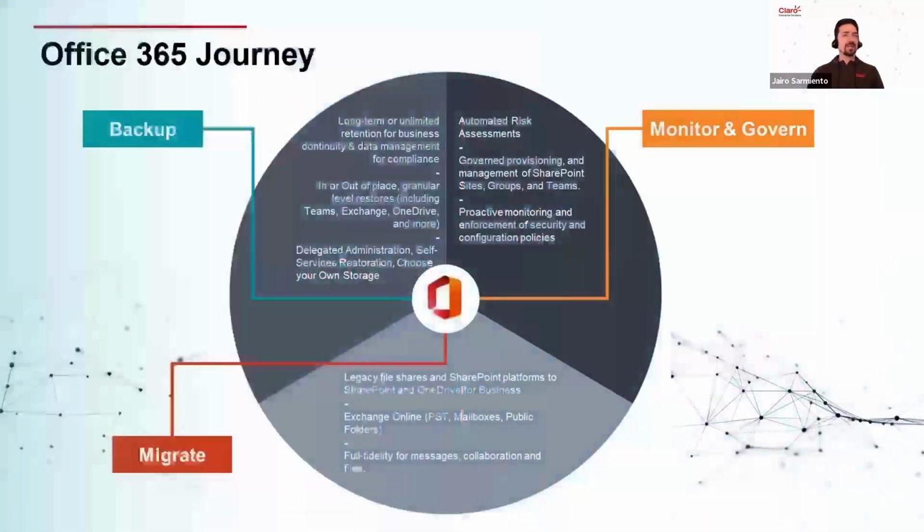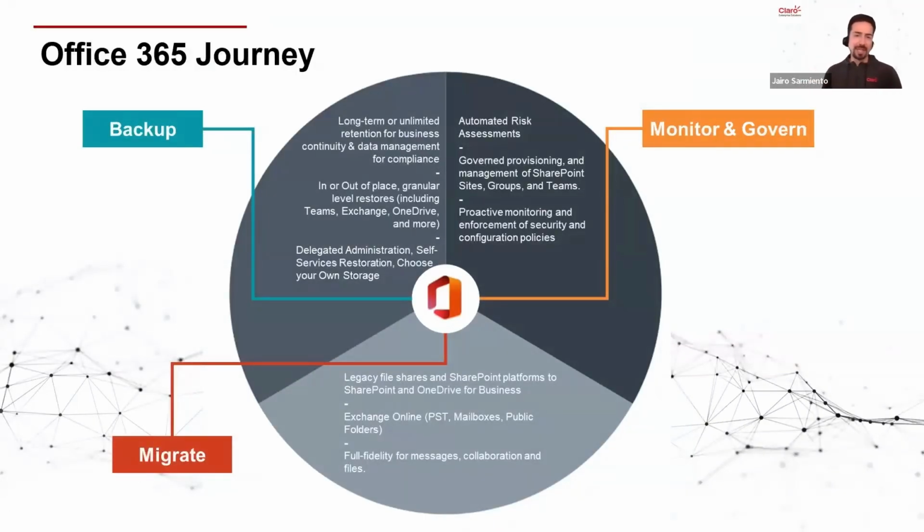And the whole circle of security in a collaboration suite like M365. Let's jump into that Office 365 or M365 journey. One of the benefits we have with Claro is that we're going to support you in all those stages that you see on the screen, from inception to disposition.